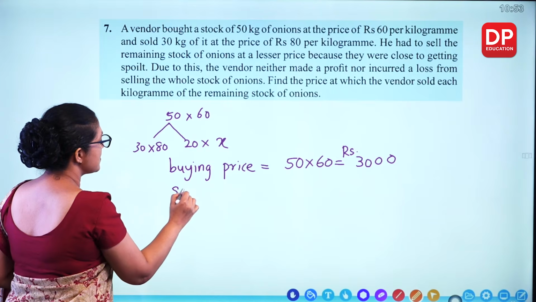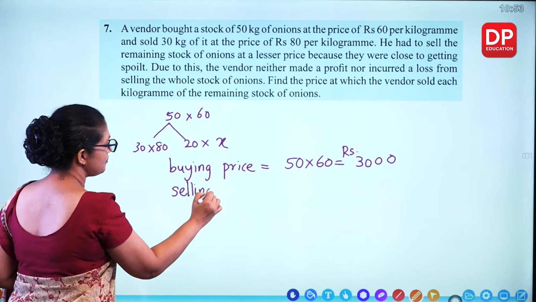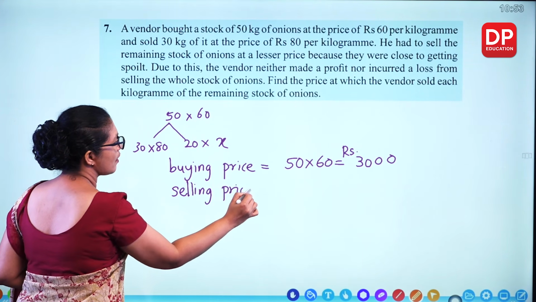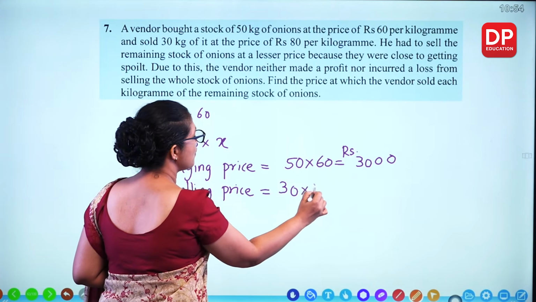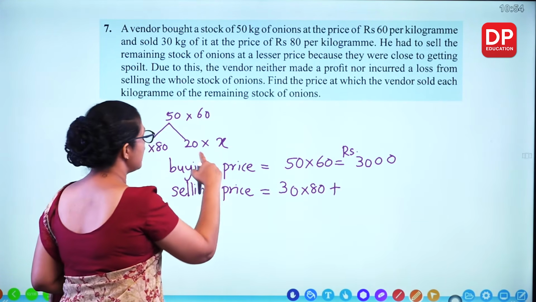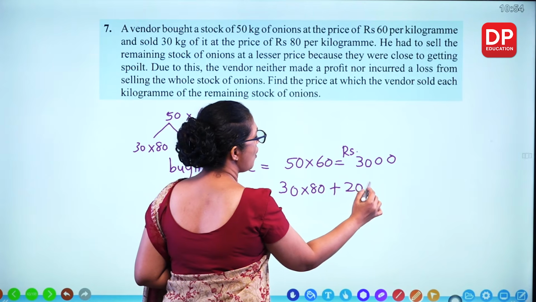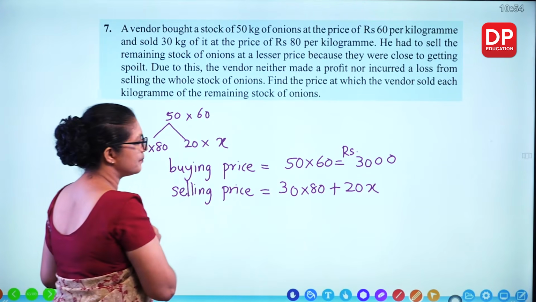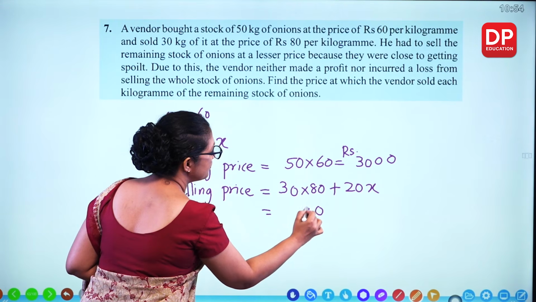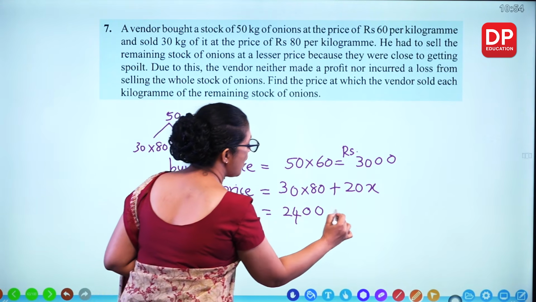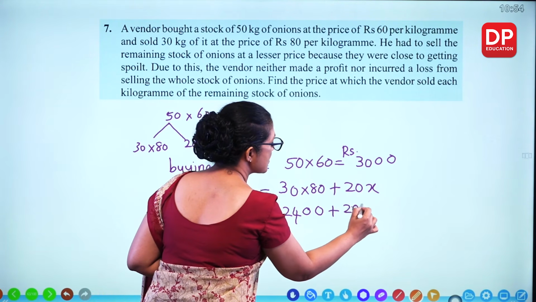What's the selling price? 30 kilos for 80 rupees and 20 kilos for x rupees. So you get 2,400 plus 20x.